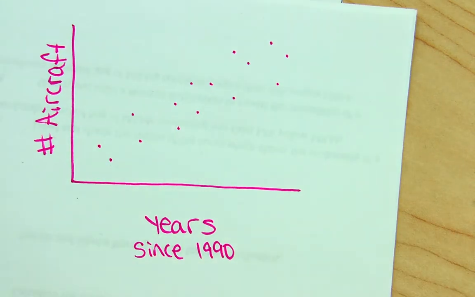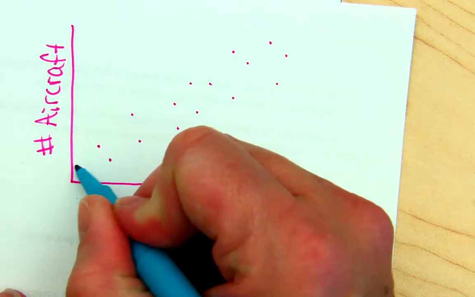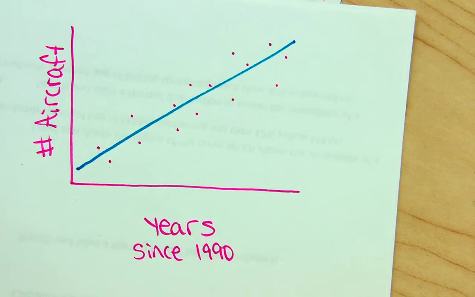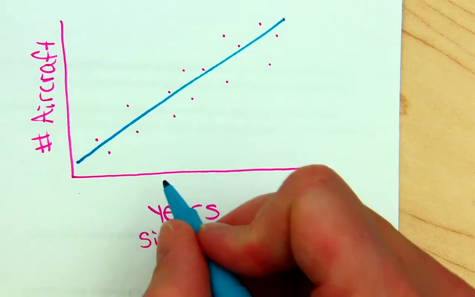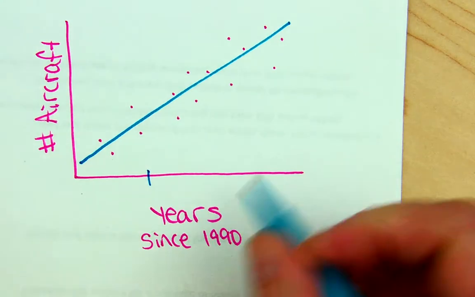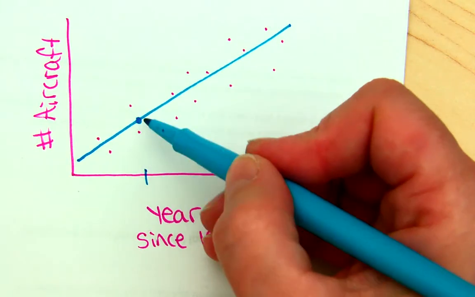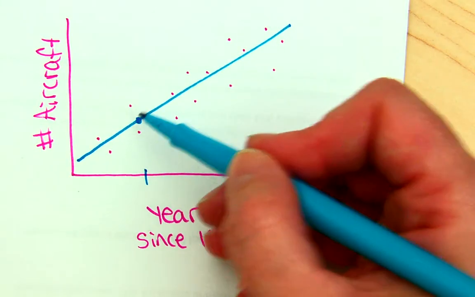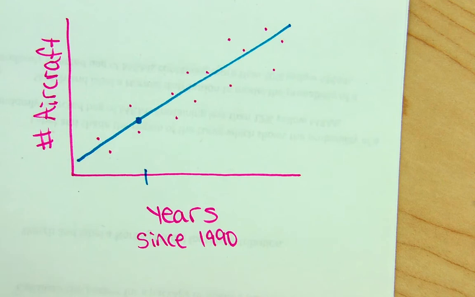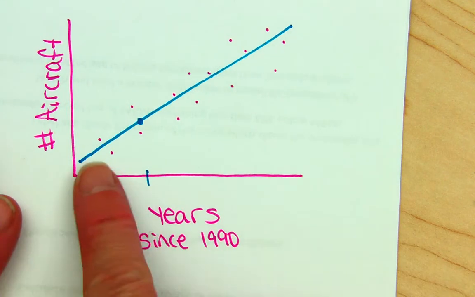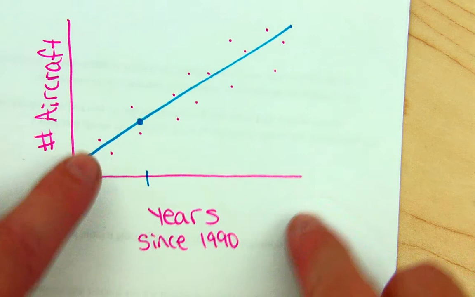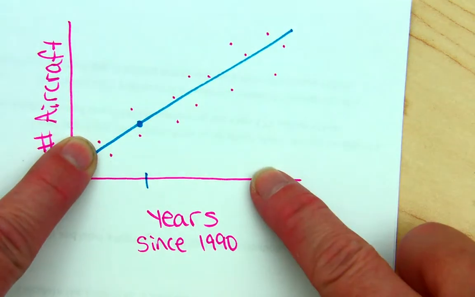I can say, well, I think my regression line is going to go right through here. So in the year 1992, I think it's going to be right here, but my actual is off of that a little bit. So it's not precise. There's a little bit of error in there. We have some variation here, because some years are close, some years are farther.